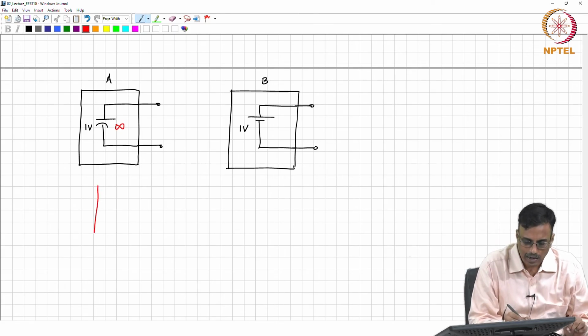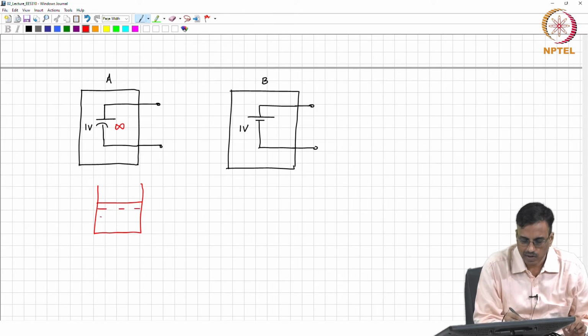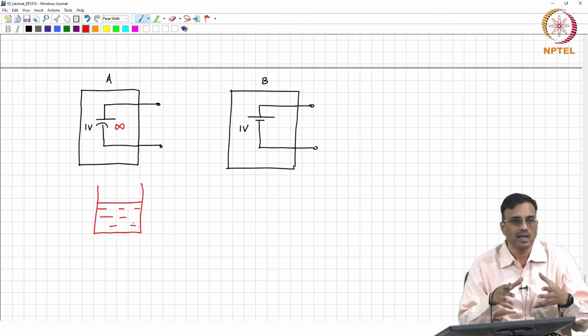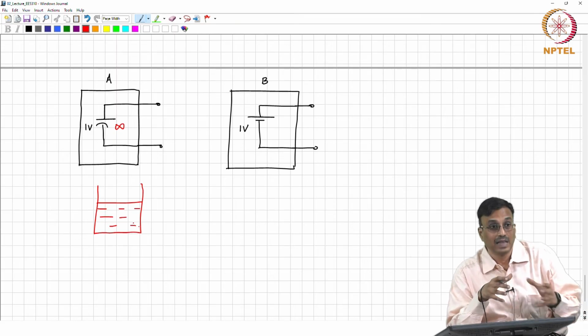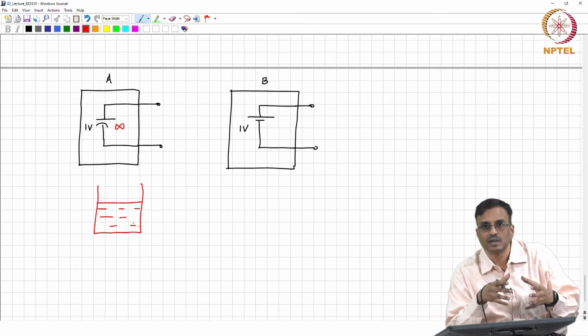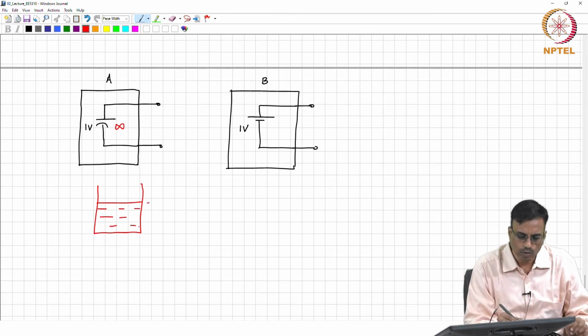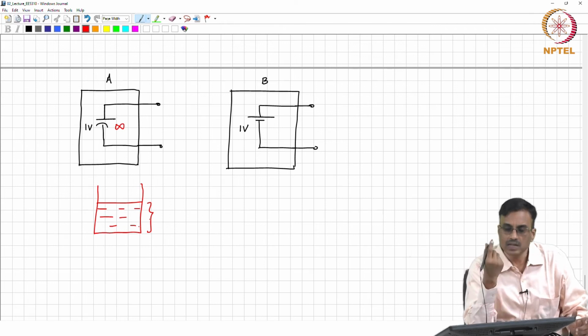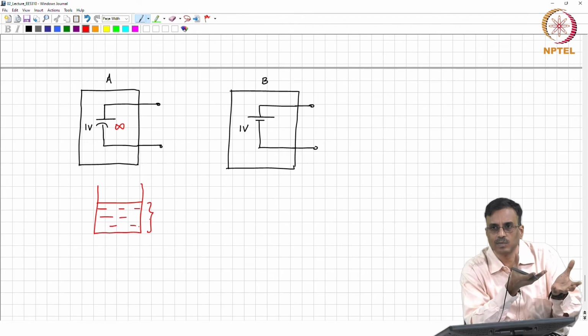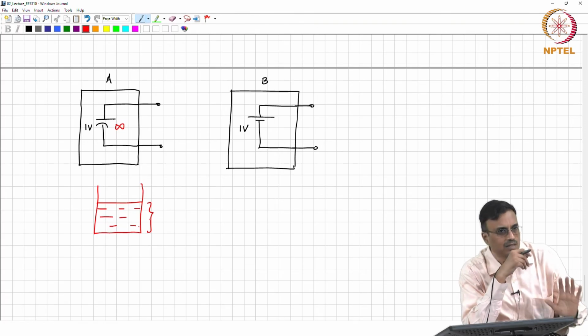So, if you have a bucket like this, and then think of it as water inside, the area of the bucket is analogous to the capacitance, the height of the water inside the bucket is equivalent to voltage, and the volume of water inside the bucket is equivalent to charge, right.